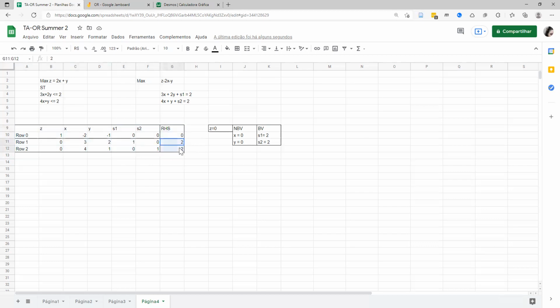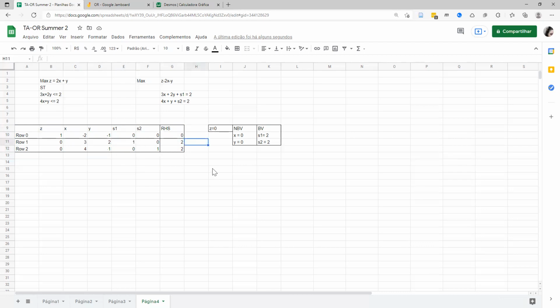That's what every value here means. One thing we can also analyze is that all basic variables have this format: one row has a 1 and the other rows in the same column have 0.